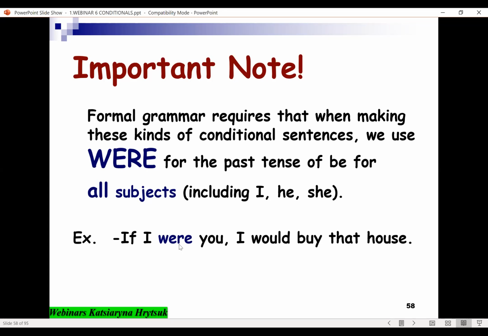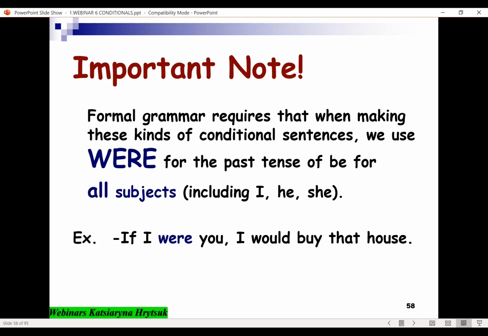It's broken English. I don't teach broken English. I can sometimes speak broken English, but it doesn't mean that I teach it. If I were you, I would buy that house. I want you to pay attention here. You can ask, pourquoi? Why? Plural with I. Because it's for all. Just remember that.